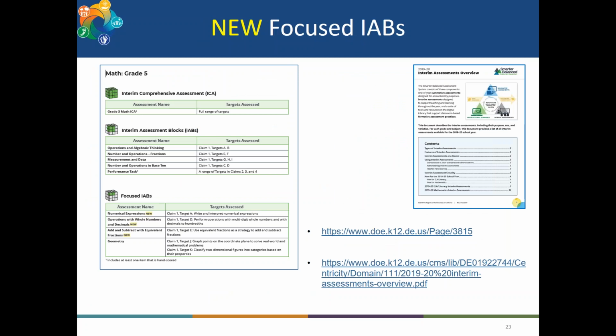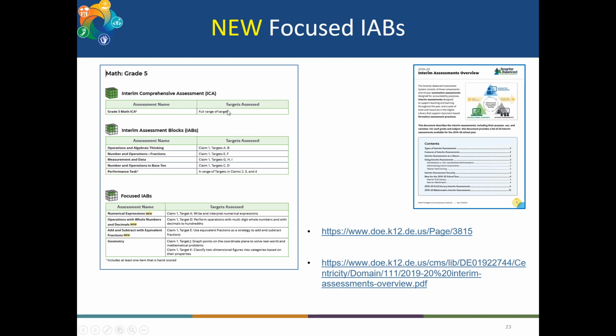So let's back up a little bit here for a note about the Smarter Balanced interims. This slide shows the ICA and IAB for grade 5 math. This document, very useful and available on the DOE website, will give you the two types of interims available for Smarter Balanced.